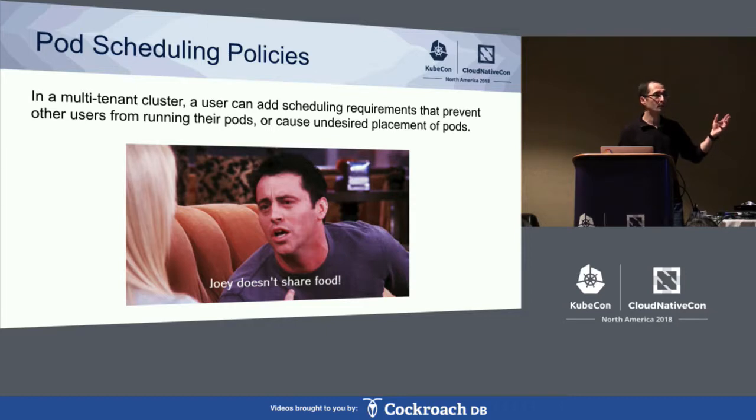But if anybody is allowed to put any kind of tolerations on their pods, then a malicious user or an uninformed user could put those tolerations on their pods, causing pods that don't require those resources to get scheduled on those nodes. So we think we need to have a way to give admins a mechanism to prevent these scenarios.